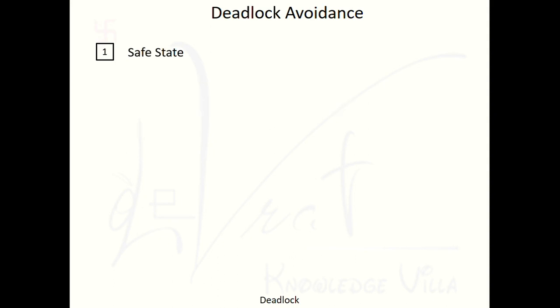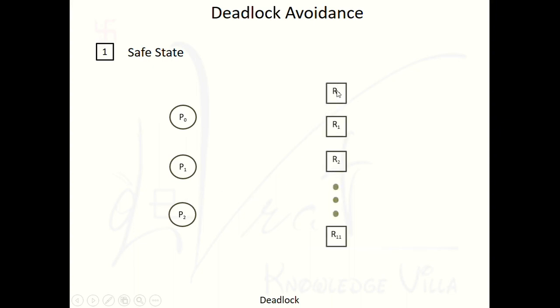Suppose there are three processes, P0, P1 and P2, and we have 12 resources, R0, R1, R2 up to R11. Get it?